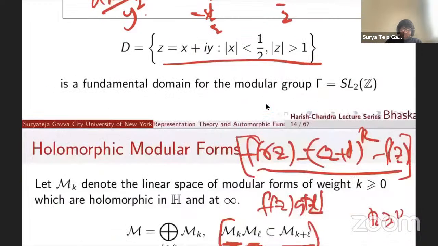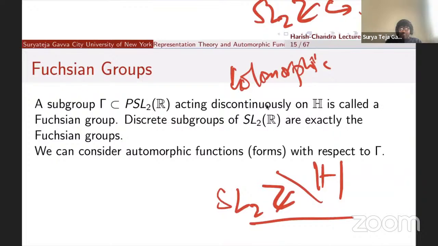So this H mod SL2(Z) is finite volume, and SL2(Z) is acting discretely on H. So in general, you can ask for discrete subgroups acting so that I get finite co-volume. Such groups are called Fuchsian groups, and you can study automorphic forms with respect to those groups as well.